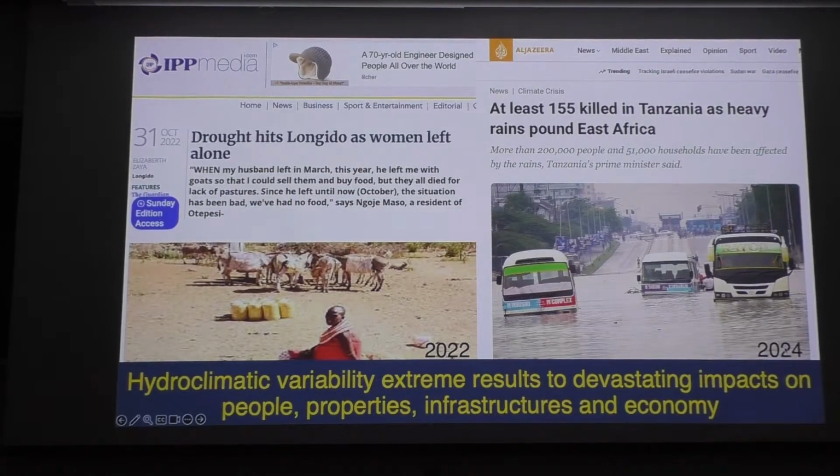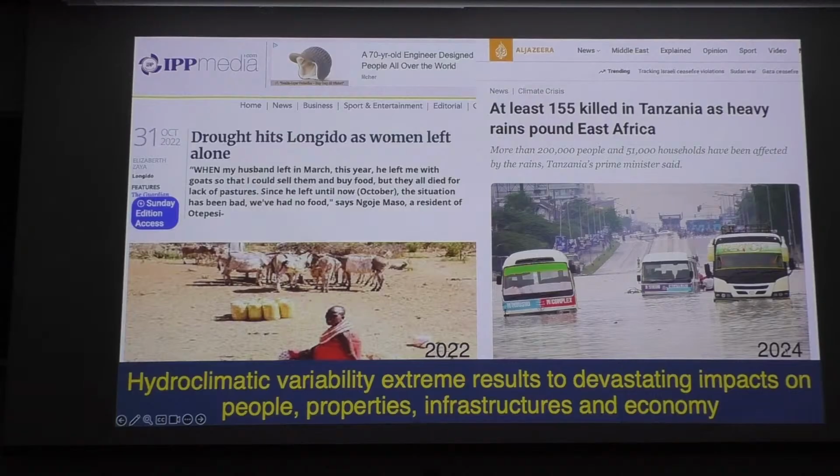With this hydrological variability, and all these changes and projections, a lot of things have happened back in Tanzania, where there is a lot of variability. Here I've just shown an example. The drought happened in 2022, and people did not have water to drink. The livestock died and everything.